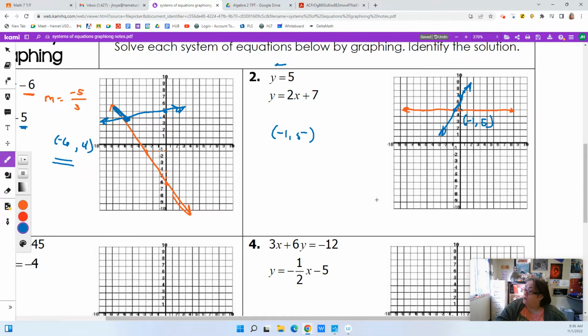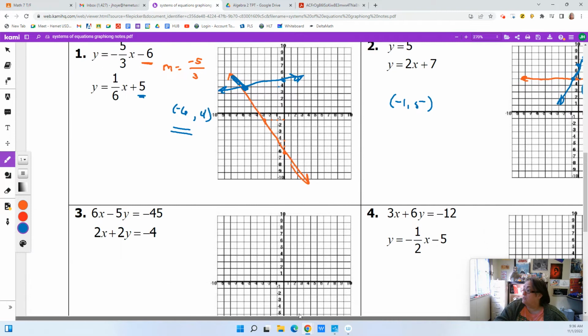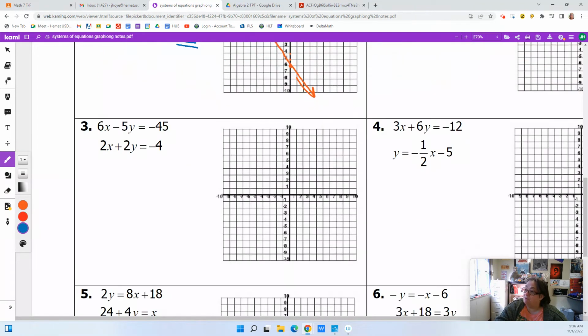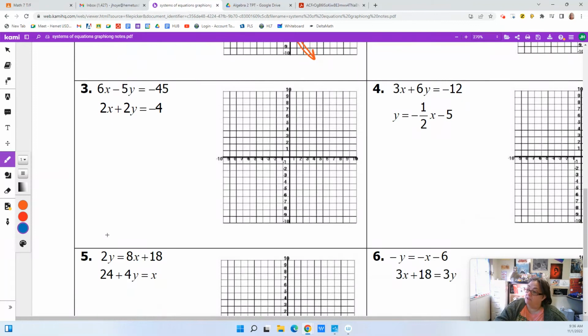They aren't all going to be in slope-intercept form. Sometimes we are going to have to change the form of the equation. If we look at number 3, I have 6x plus 5y equals -45.